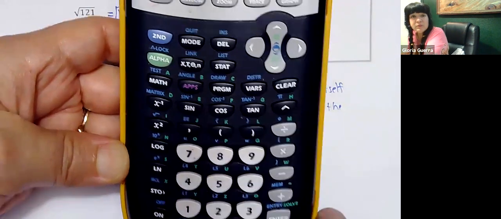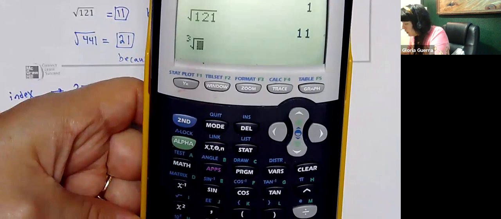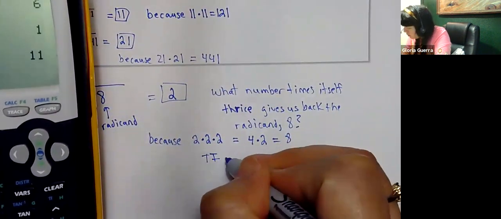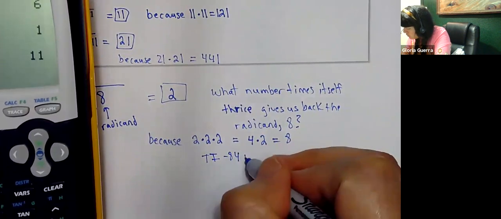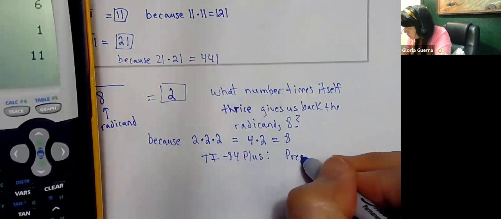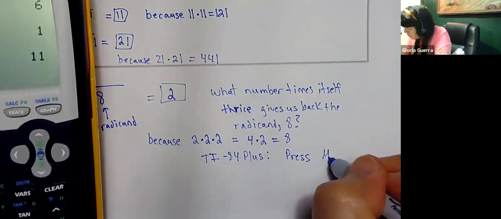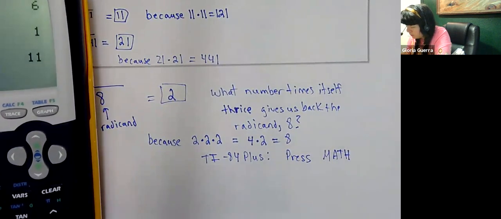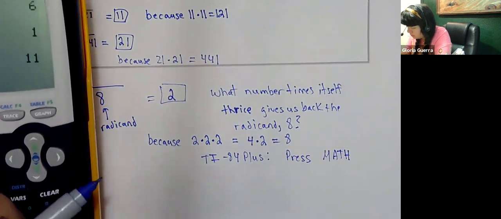Okay, see that pops up? So on the TI-84 calculator, you would press math. Let me go back and do that again. I pressed math. Let me clear that.